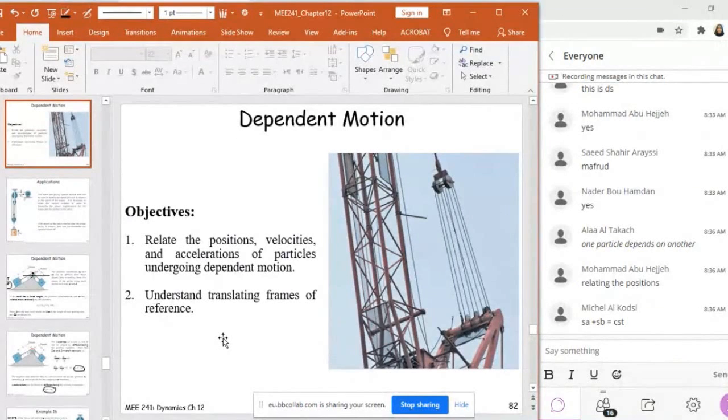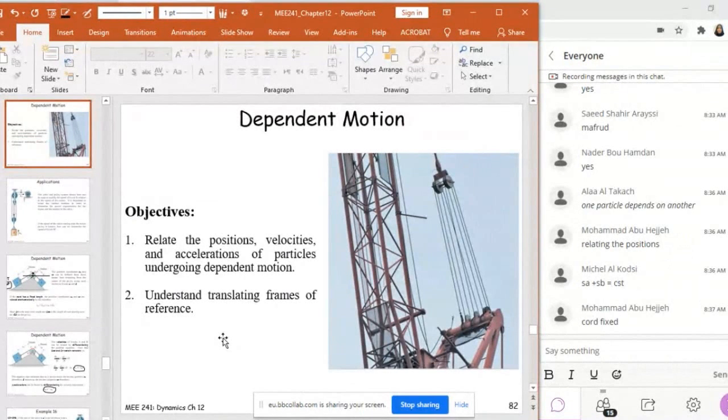Yes, Michelle. But guys, since this rope has a constant length, if there is a deformation... you're going to see in strength of materials that the rope has a certain deformation under a certain force, and this could lead to a plastic deformation. But in our case, we are considering that this rope has a constant length, and this means that it will not increase its length under a force, all right?